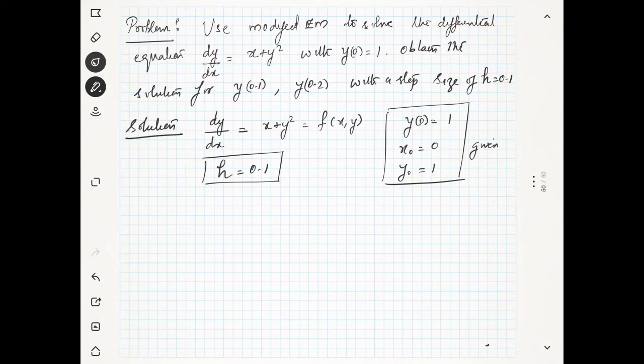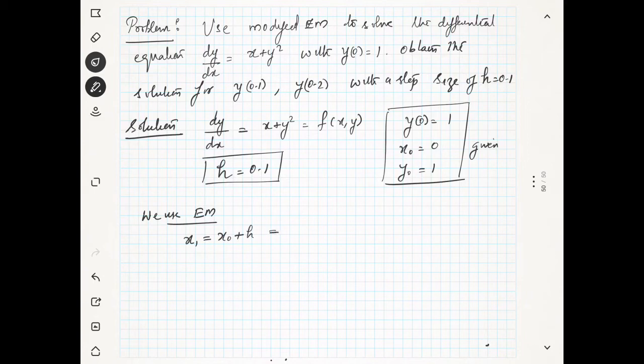At first we will use the Euler's method to find x1 and y1, as the first step. We get x1 is equal to x0 plus h.